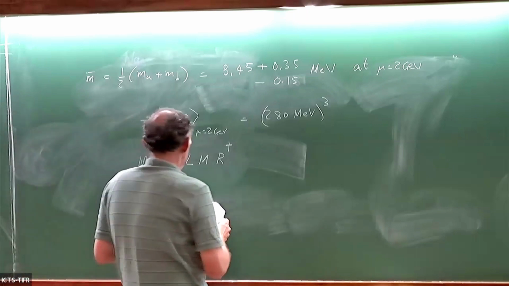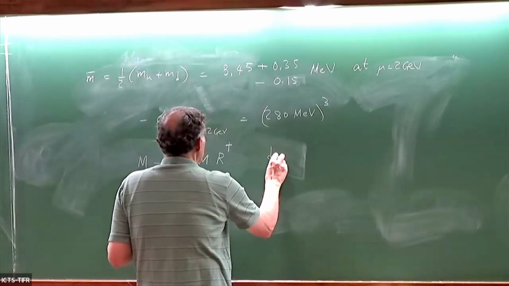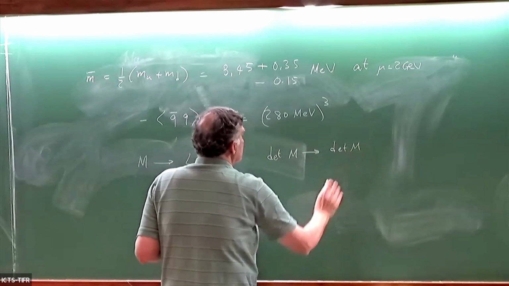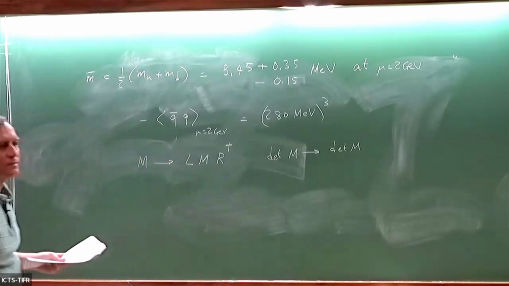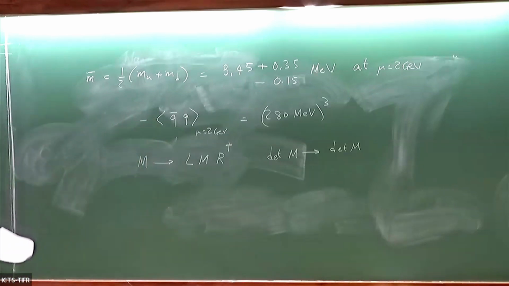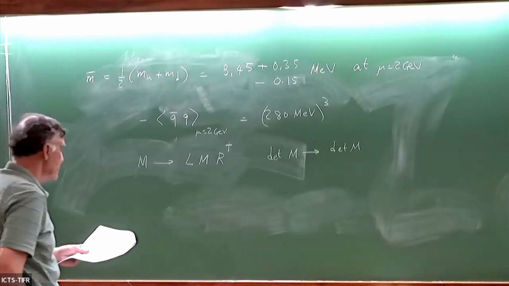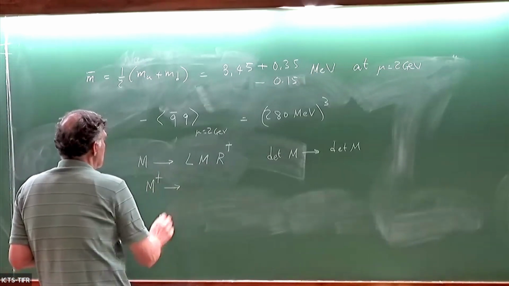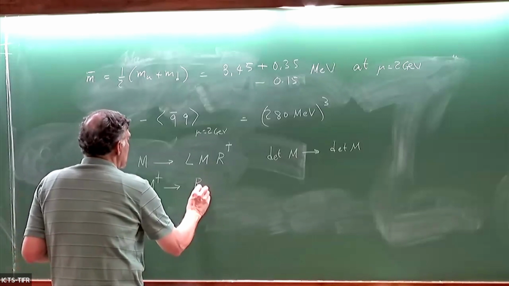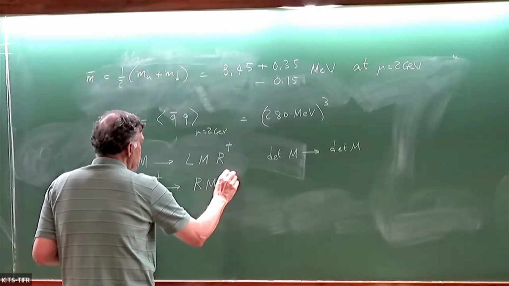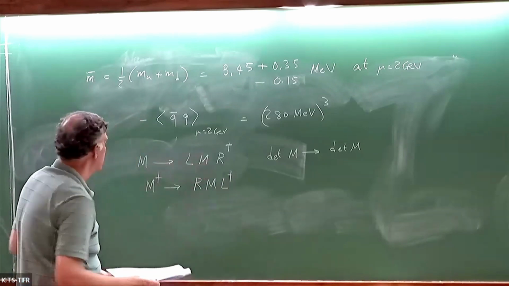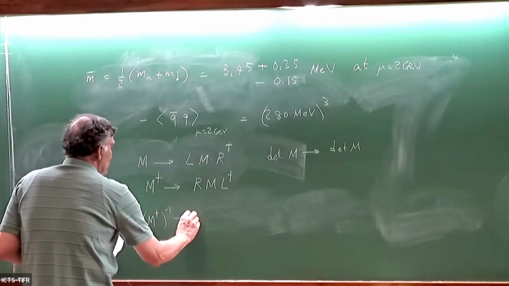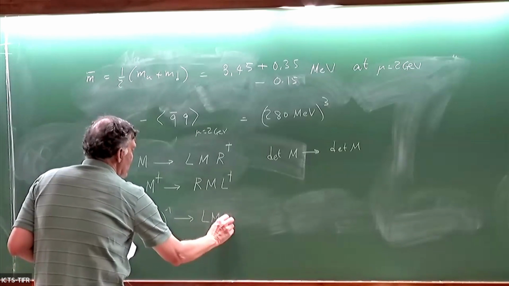So the determinant of the quark mass matrix transforms to the determinant of the quark mass matrix, because L and R are SU(N) matrices with determinant 1. Now M dagger transforms like R M L dagger, and M dagger inverse transforms back like L M R dagger.